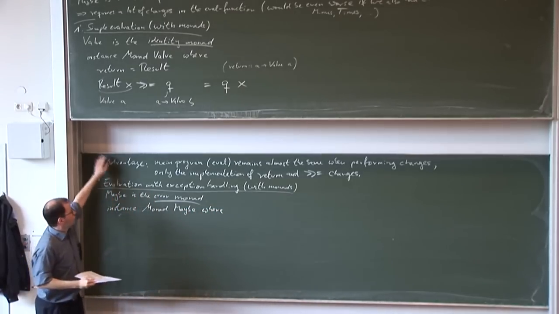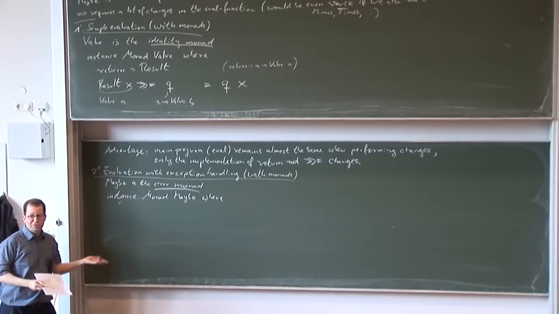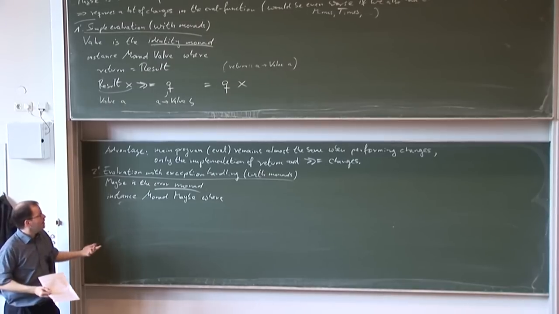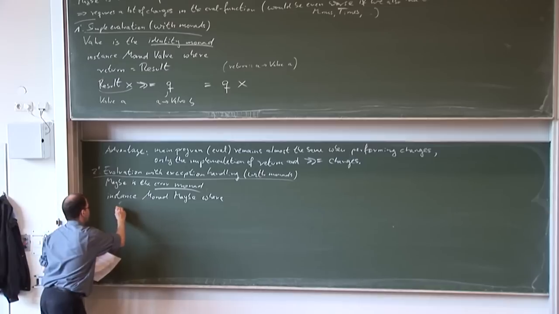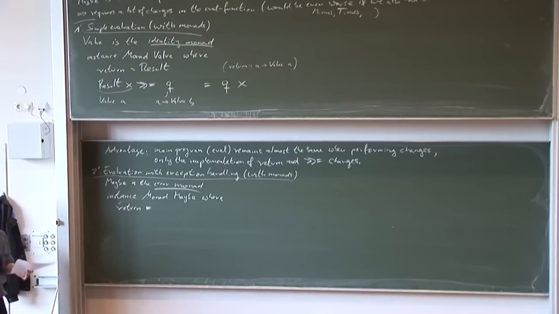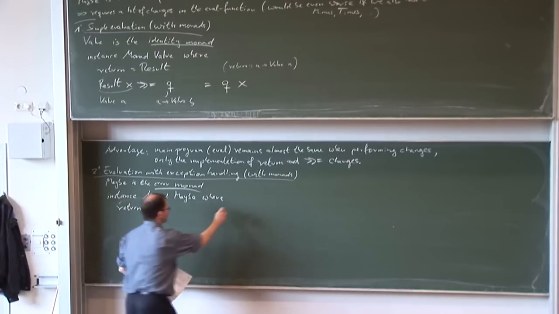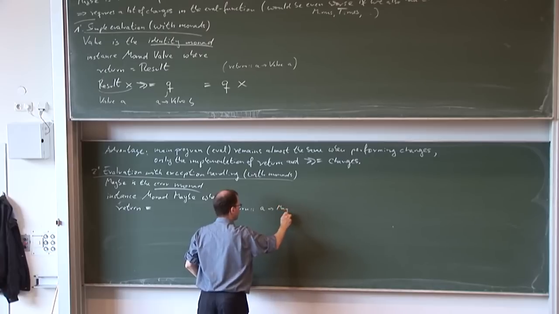And now the main change from the old program to the new program is replacing value by maybe. And what's the difference between value and maybe? Well, basically you have another constructor, namely nothing, and you have to change the implementation of return and bind. So what is the implementation of return? What return should do is it should take an object and give you back the encapsulated object. So you take an A and you get back an object of type maybe A. So return takes an A and gives you back a maybe A.